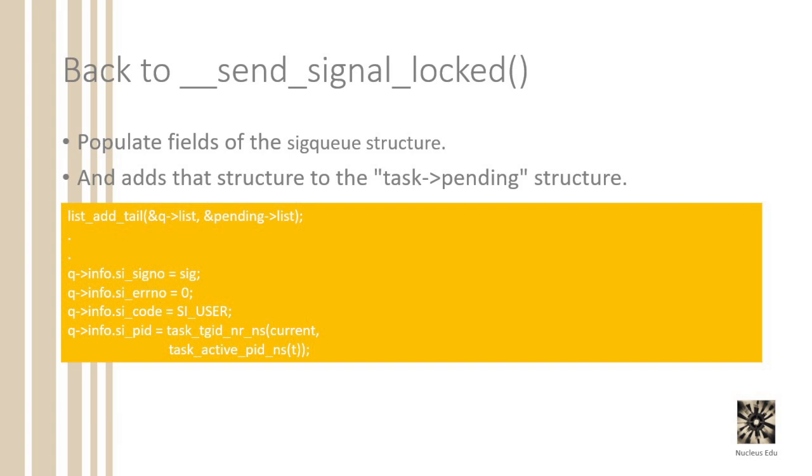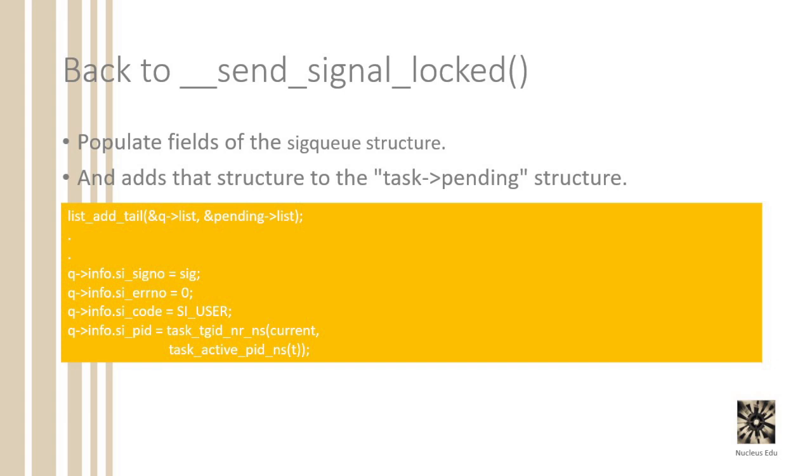This is the code that does it. First, the queue list is used to add it to the task's pending list of signals, and all the relevant information is updated here. You can see the signal, and SI_USER because it's from a kill system call, and other details. So with the above steps, the signal is technically delivered to the process, because you've added that queue structure to the pending list of the task.